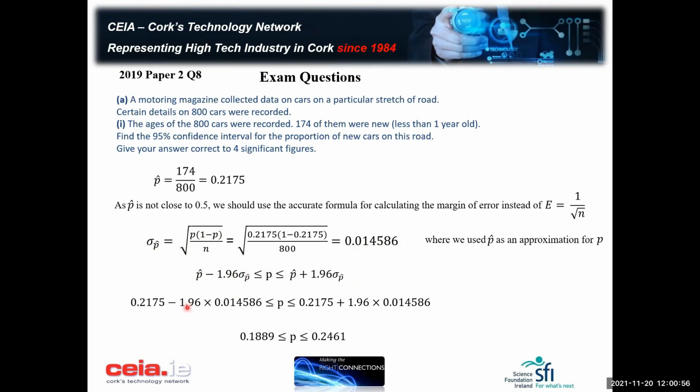When you do that, you take 1.96 times this standard deviation, which you subtract from the measured proportion and add to the measured proportion, and you get a lower limit of 0.1889 and an upper limit of 0.2461. So you're 95% confident that the proportion of new cars on this road lies between those two values.